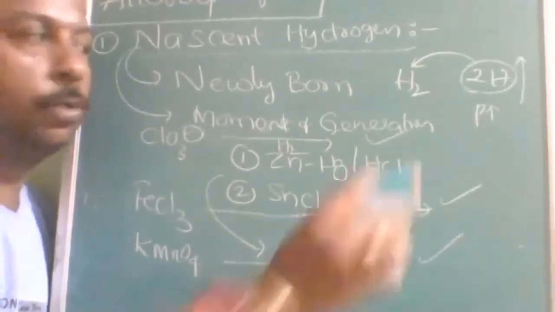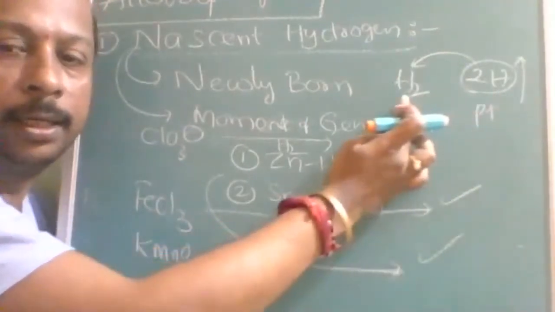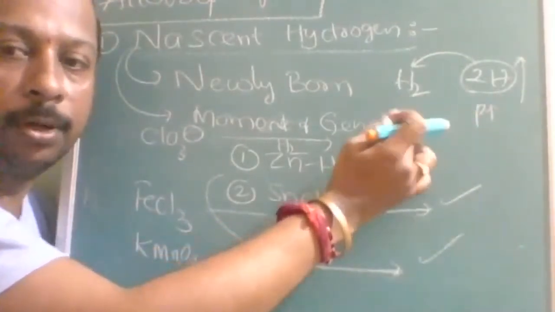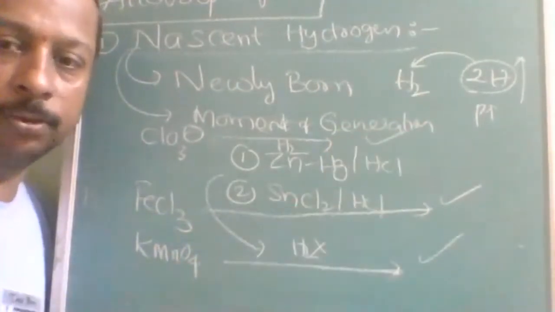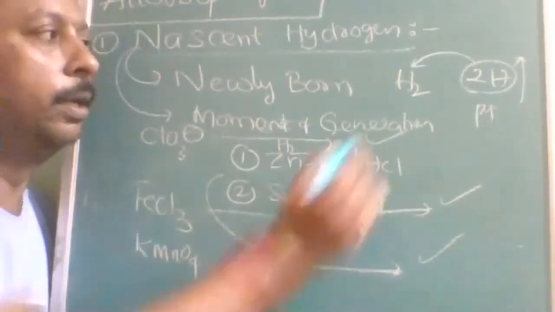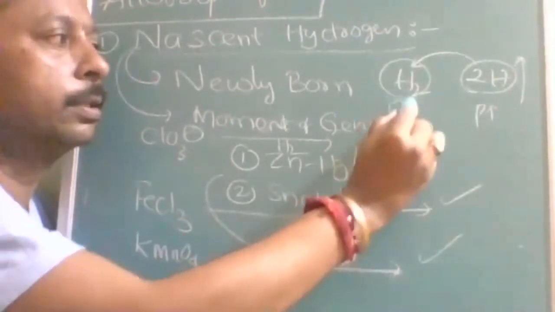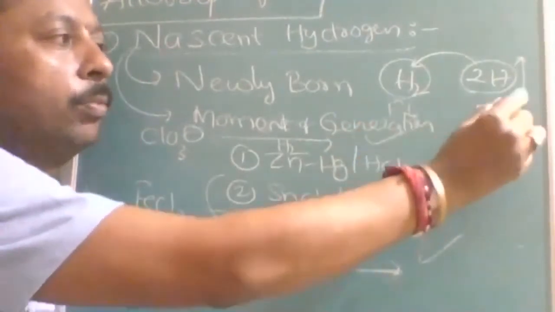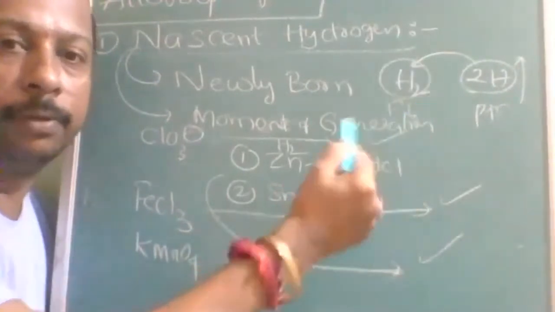Here if I write 2H, that means there is no bond between them. And here H2 means a bond is formed. So bond formation is always exothermic. You see the energy wise also, H2 energy is less. Here energy is more. So from more energy to less energy, the remaining energy will come out.